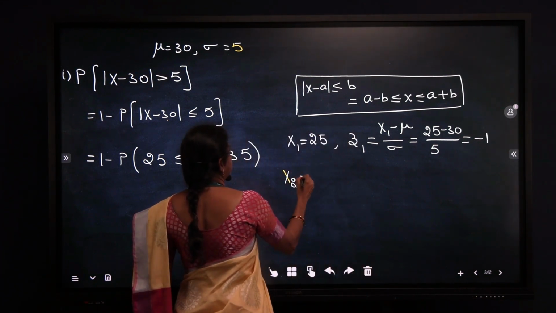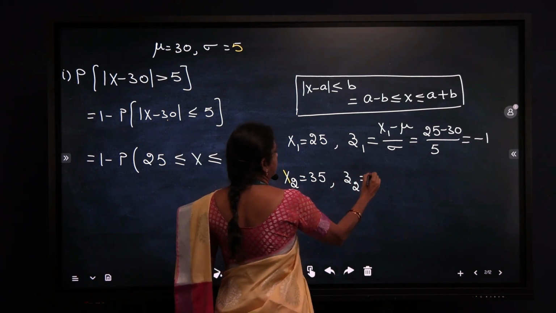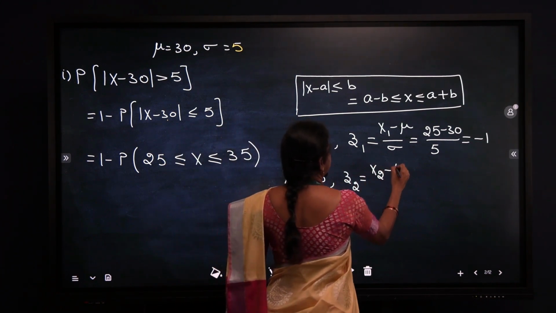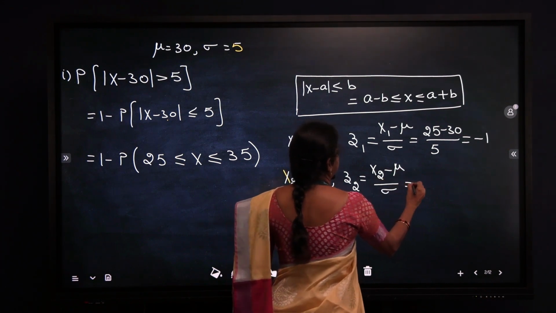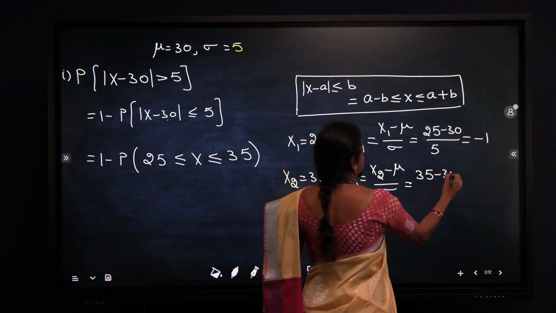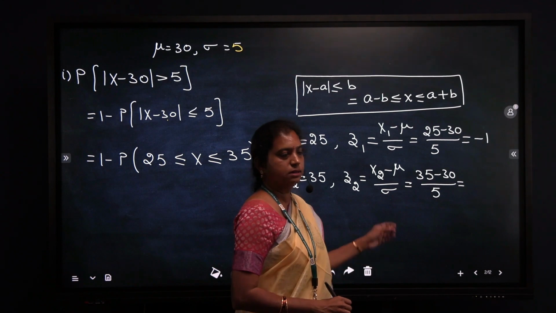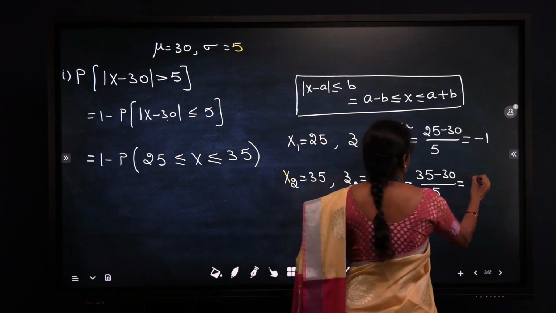Similarly, x2 is equal to 35. So z2 will be equal to x2 minus mu by sigma, which will be again 35 minus 30 by 5. So this will be equal to what? 35 minus 30 is 5. 5 by 5 is 1.